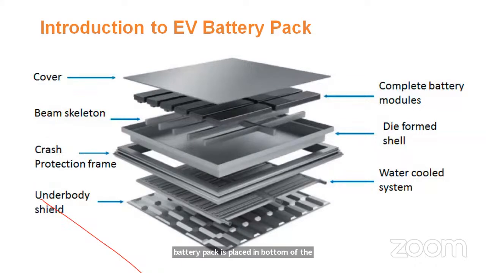So we need underbody protection. When you are running on the road, sometimes stones can hit the bottom of the vehicle, and water could get injected. Too many things could happen. That's why in the bottom there is an underbody shield, or underbody protection.